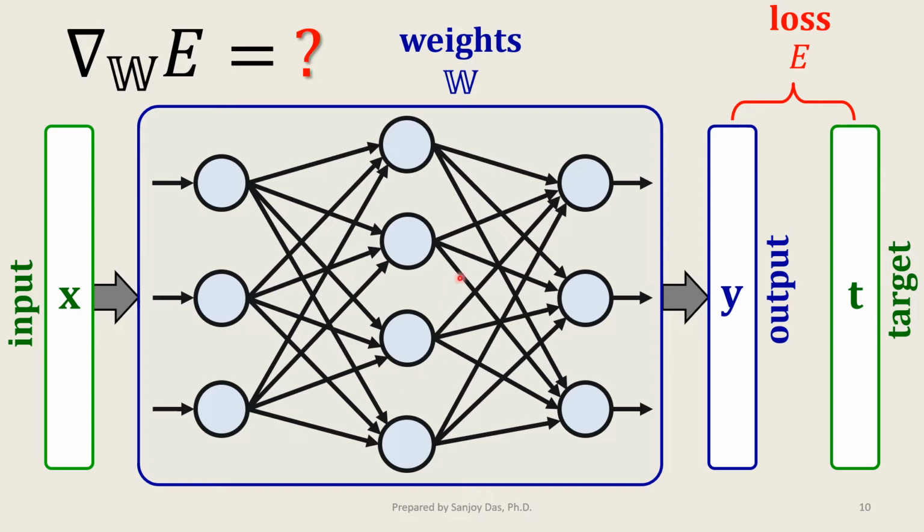Although neural networks are not trained with a single sample like this, and there are more sophisticated algorithms to train neural networks today than just vanilla gradient descent, we still need to know how to compute the derivative of the loss with respect to the weights, and that's the focus of this video.